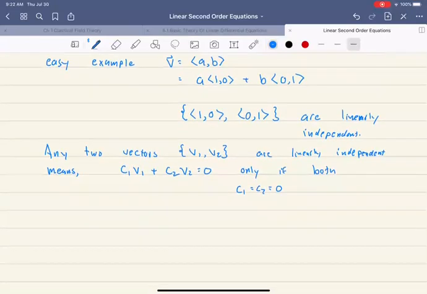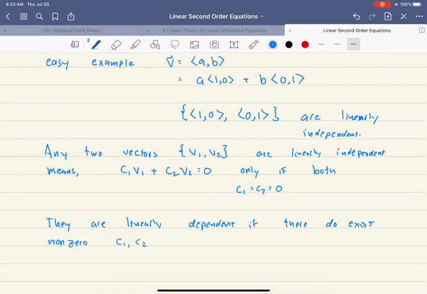They're linearly dependent if there do exist non-zero C1, C2 with C1V1 plus C2V2 equals 0.